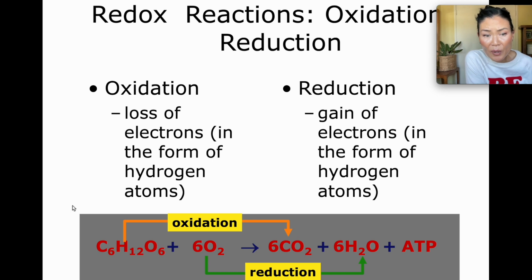Looking at the equation, we said that glucose is going to become oxidized. It's going to lose electrons. How are those electrons going to be lost? Is it just a one-step process where it just transfers the electrons over to oxygen? No, it's a much more difficult process, okay?